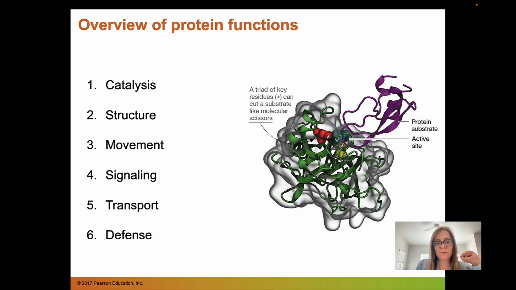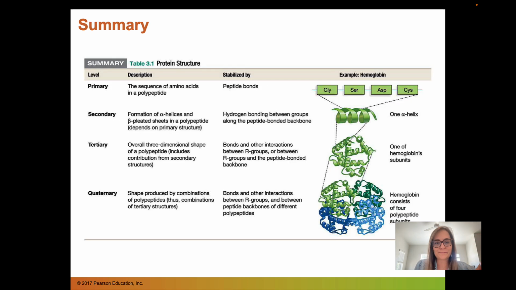Proteins also play a role in transport, like bringing cargo through neurons, and in defense. Some of my favorite proteins are antibodies. They're quaternary structures, and they help defend our body against pathogens. So proteins are super cool. They're probably my favorite macromolecule.